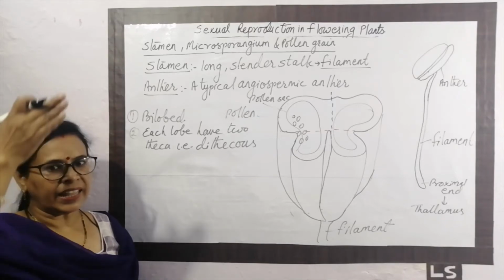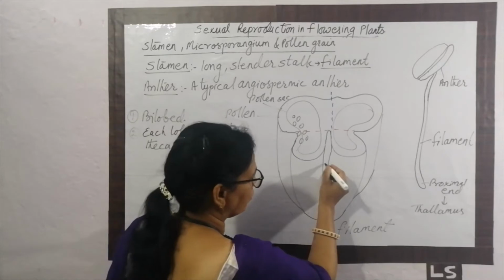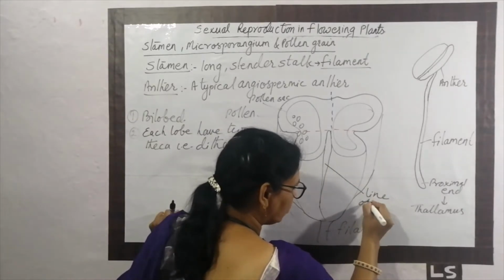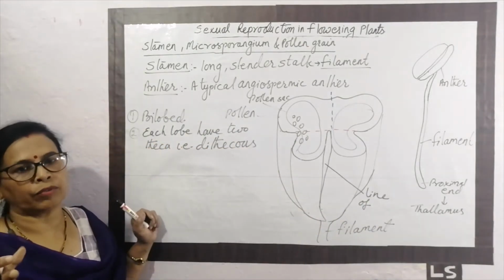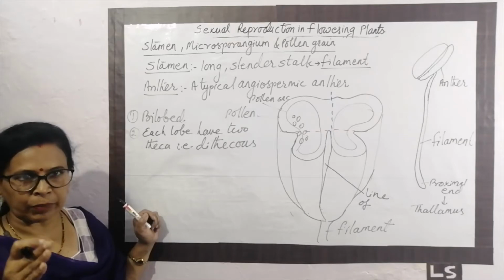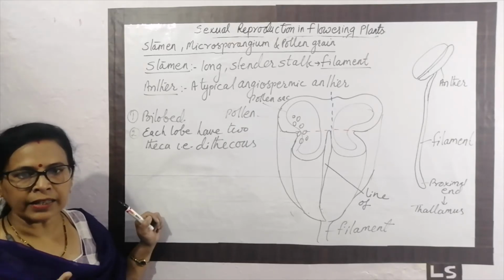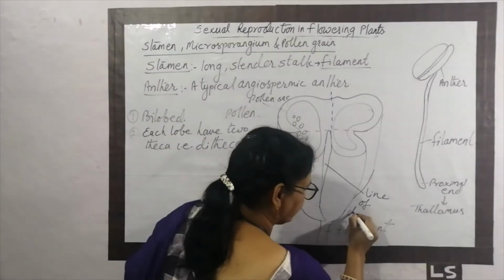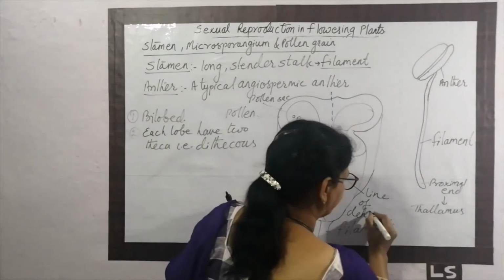It has a lengthwise longitudinal groove. This is the lengthwise groove, a groove for splitting at the time of maturity. It splits to spread the pollen from it. This line is called the line of dehiscence.